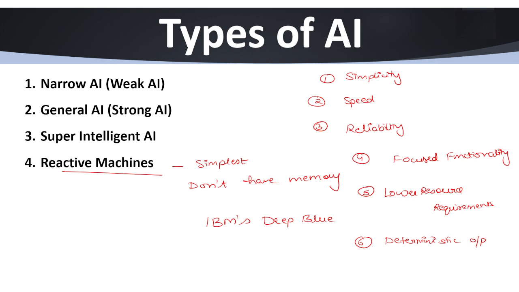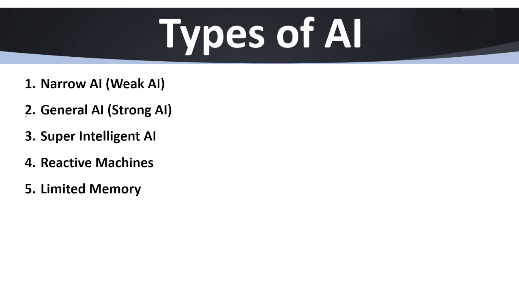Now let's just talk about another type, that is your limited memory. So AI that can use past experiences to inform current decisions is the limited memory. For example, self-driving cars.